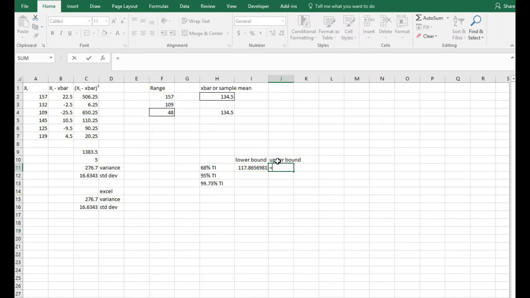The upper bound is going to be, so actually I'm going to hold on to both of these cells. So highlight that, hit F4, and you hold on to it. And then I'm going to hit Control R, which pulls the same formula into the next cell. But instead of subtracting it for the upper bound, we're going to be adding it. Okay, so lower bound, upper bound. And then this is going to be 2 standard deviations, and this is going to be 3 standard deviations. So I'm actually just going to drag both of these down.